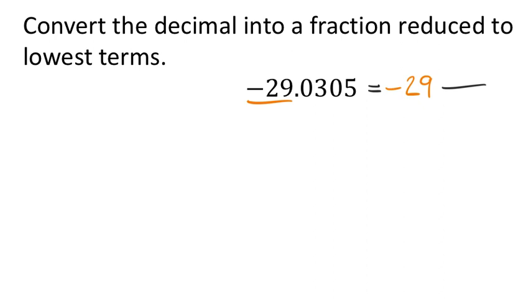And this is where we need that decimal written out. So I'm going to do that. That is 305, mathematically, and that place value is the 10,000ths. So once again, I set up a fraction.